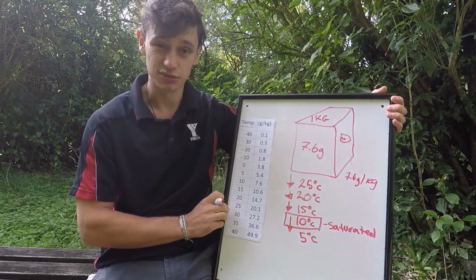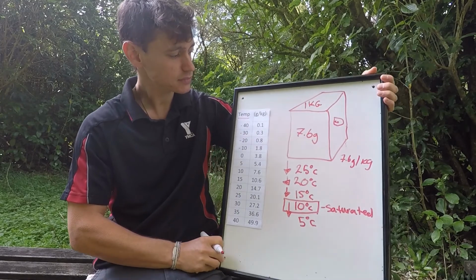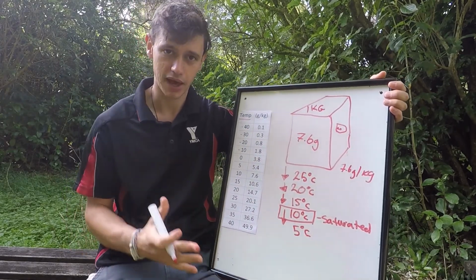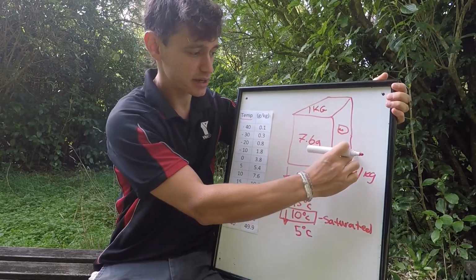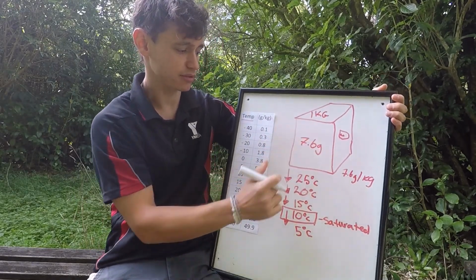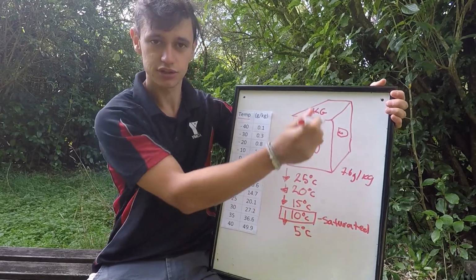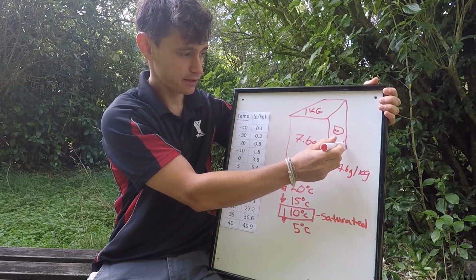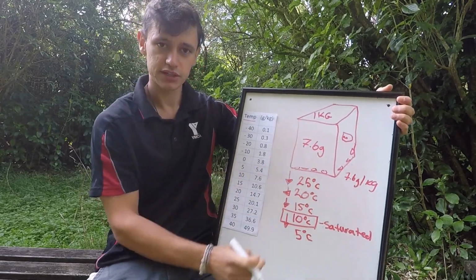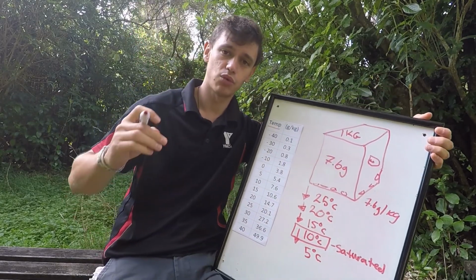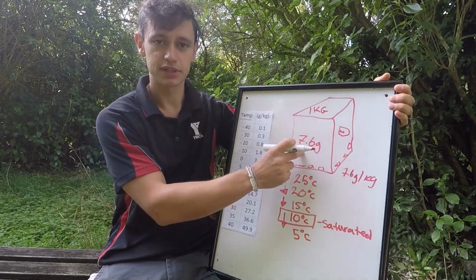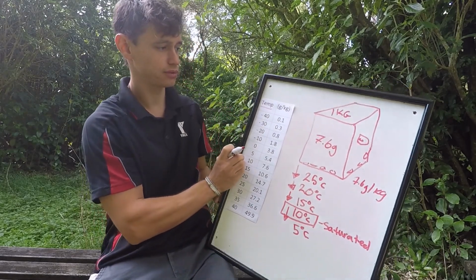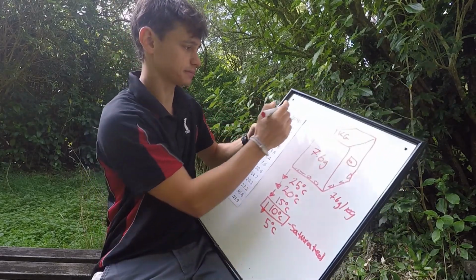So that doesn't work, as we know. So some of the water inside of that air has to come out. And what it does is it comes out of the air and it sticks to the side of this box. Little droplets. So this process, when water comes from its gas state into a liquid state, is called condensation.